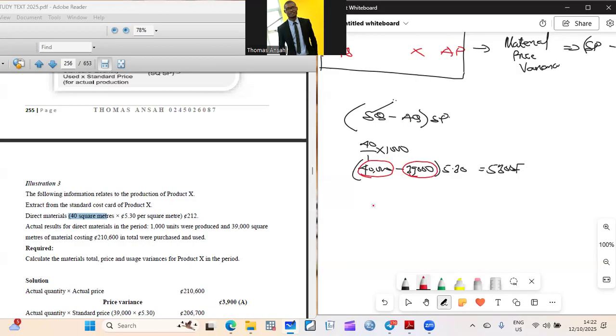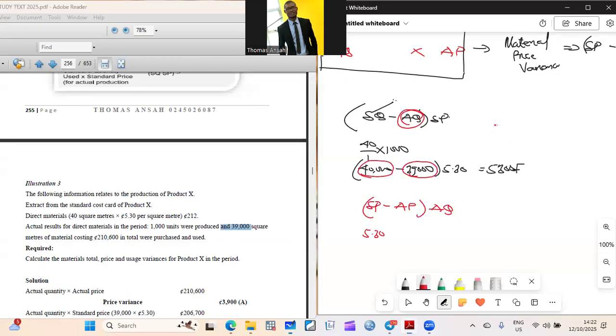Then when you come to the material price variance, it is (standard price - actual price) × actual quantity. You already know the actual quantity from here. The standard price is 5.30. What is the actual price? This is the actual cost of the thing you spent, and this is the actual quantity.